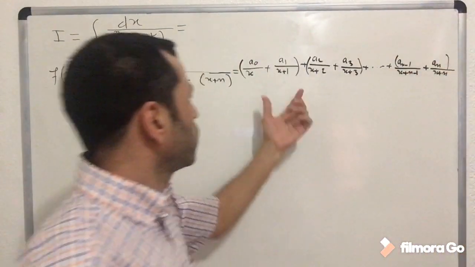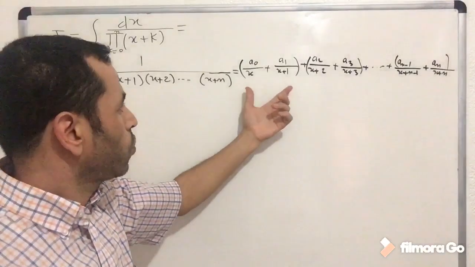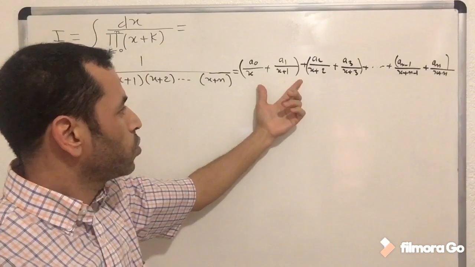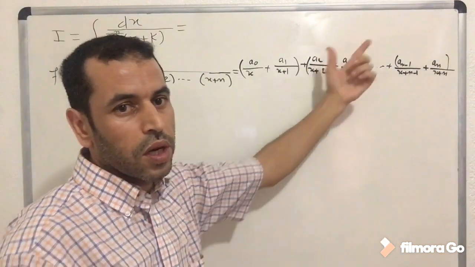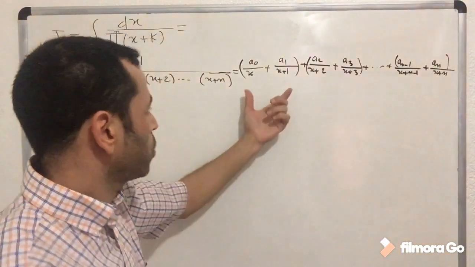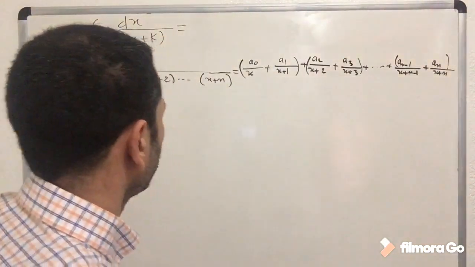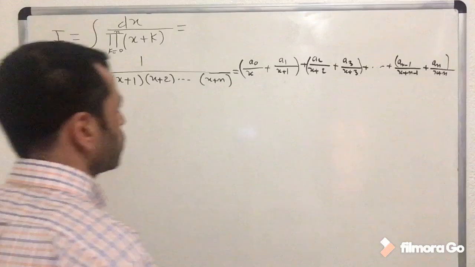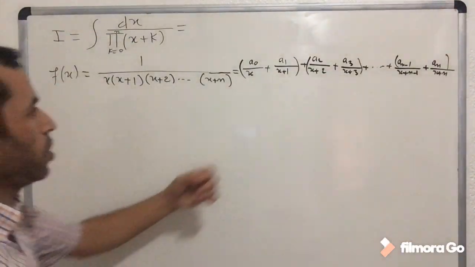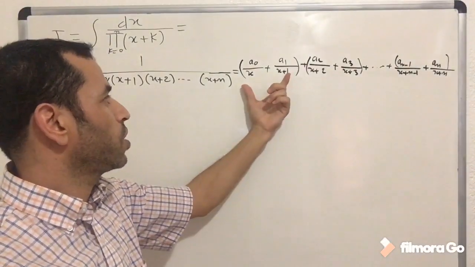But before we evaluate, we have to compare the result we find in the first term with the second term, the third term, and so on until the last term. So let's begin with the first term. Imagine you have only this term in the integral.